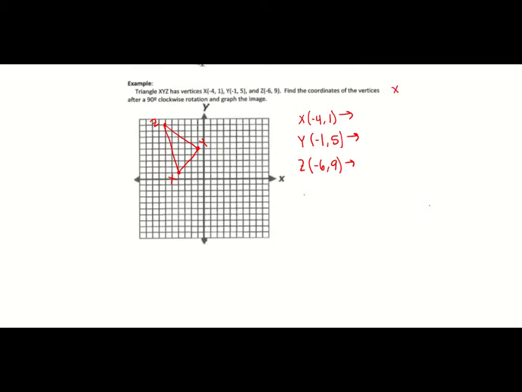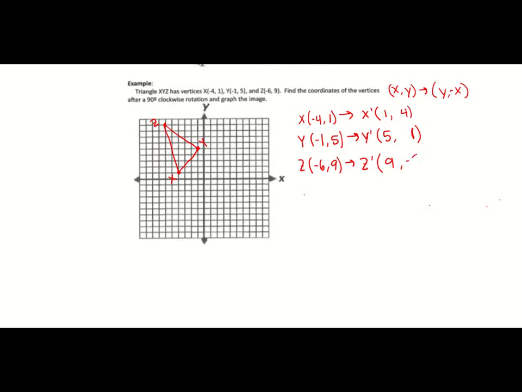So we just learned that my transformation in this case is going to be switching my coordinates and making my second one negative, or multiplying that second one by -1. So when I have x prime, I'm going to get 1, -4, but I'm multiplying by -1, so that means it's going to be positive. Switch my coordinates, 5, -1, multiply by -1, makes it a positive.